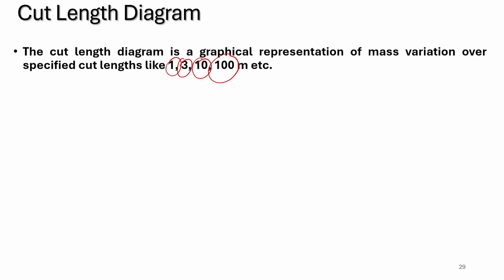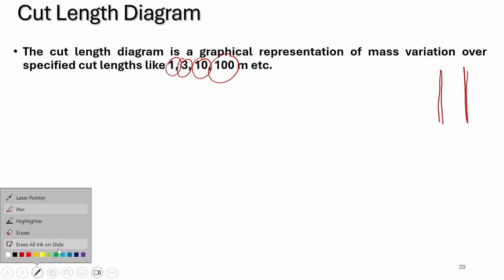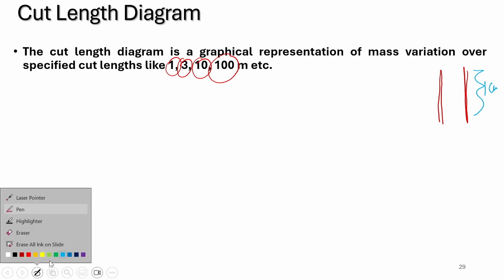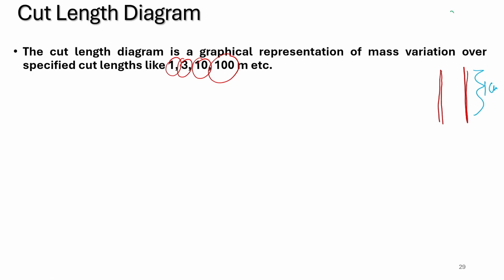Now, how do we get the cut length diagram? Again, as I have already mentioned, this is the parallel plate, and here the length is 1 centimeter, and as the material moves through this, depending on the speed and data acquisition rate, we get the value.